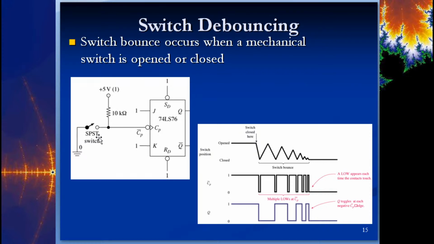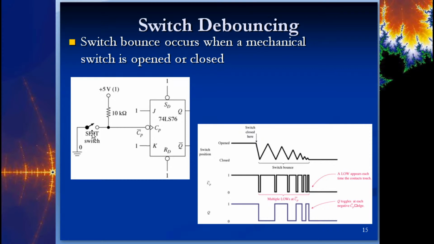Now, the problem is not when the switch opens. When the switch opens, it might bounce back, very, very small oscillations. The problem is when you close the switch. We don't think about this because we don't care about what happens in the nanoseconds that follow. We know when we pull the light switch, the lights turn on.